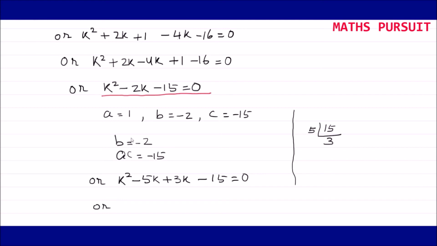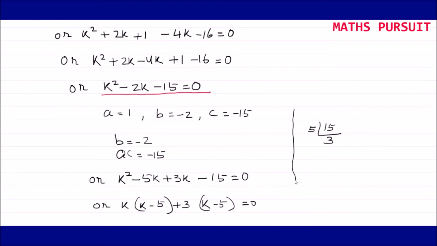Now let us take k as common from here. So I can write k minus 5, because k into k is k square and k into minus 5 is minus 5k. Similarly, here k minus 5 I can take already, and we required 3k, so I can multiply plus 3, because plus 3 into k is plus 3k, and plus 3 into minus 5 is minus 15.